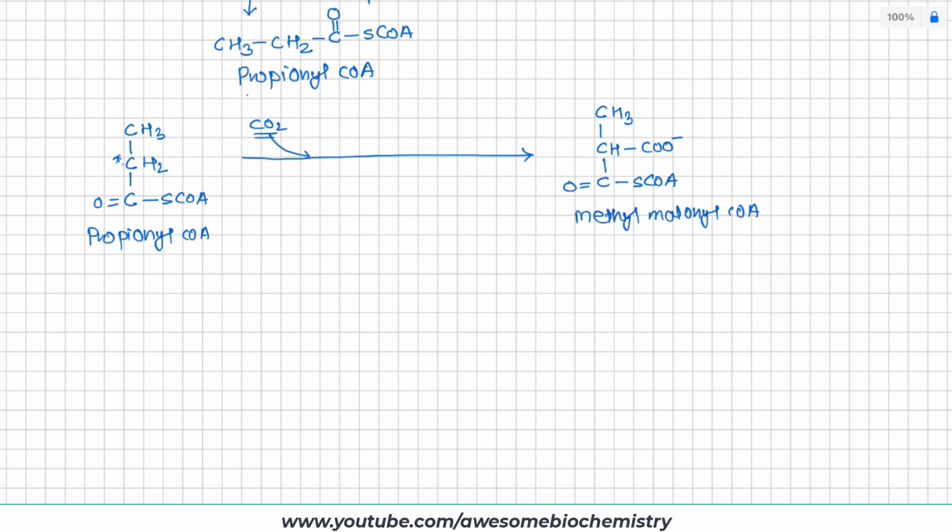Now this compound is called methylmalonyl coenzyme A. Methylmalonyl coenzyme A shows stereoisomers, that means it has 2 varieties, capital D and capital L. By this reaction, D-methylmalonyl coenzyme A is formed. This reaction requires energy, and the energy comes from the hydrolysis of ATP. One high energy bond of ATP is broken down, so ATP gets converted to ADP and one inorganic phosphate.